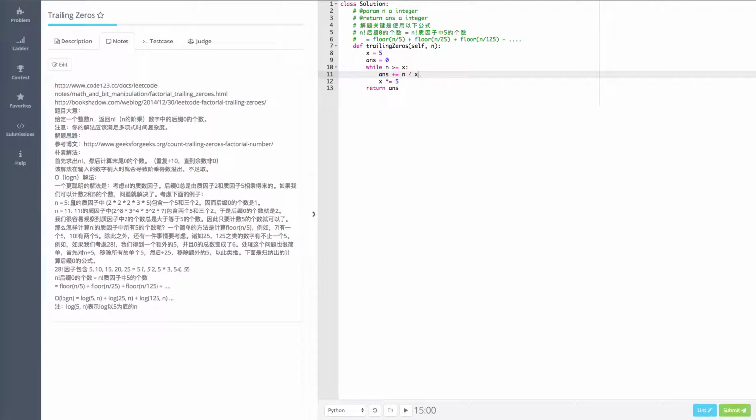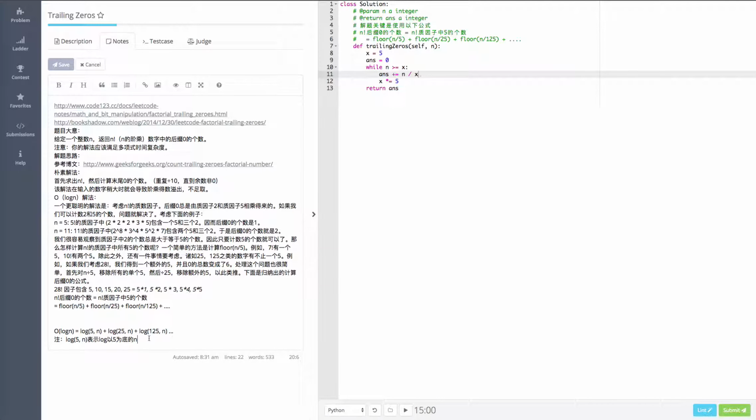But before that, you have to understand what it means when we calculate n's factorial. Let me write it down. n factorial is calculated in this way: n multiplied by n minus 1, multiplied by n minus 2, and so on, all the way to 1.